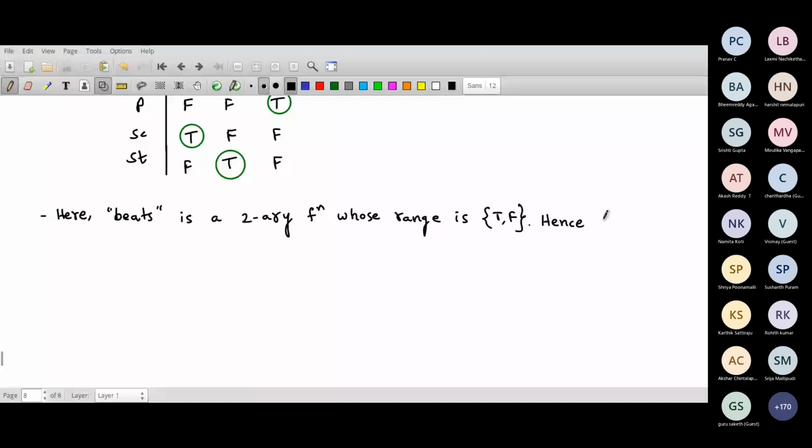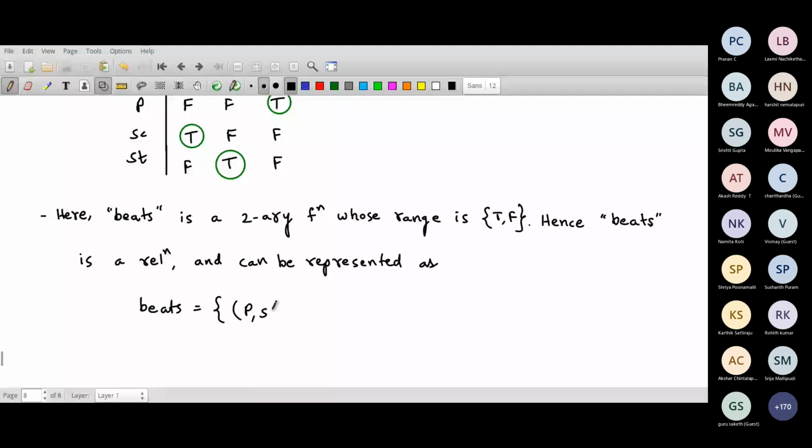Hence, beats is a relation and can be represented as beats equal to. So only those pairs whose values are true, those pairs you can put in this set.